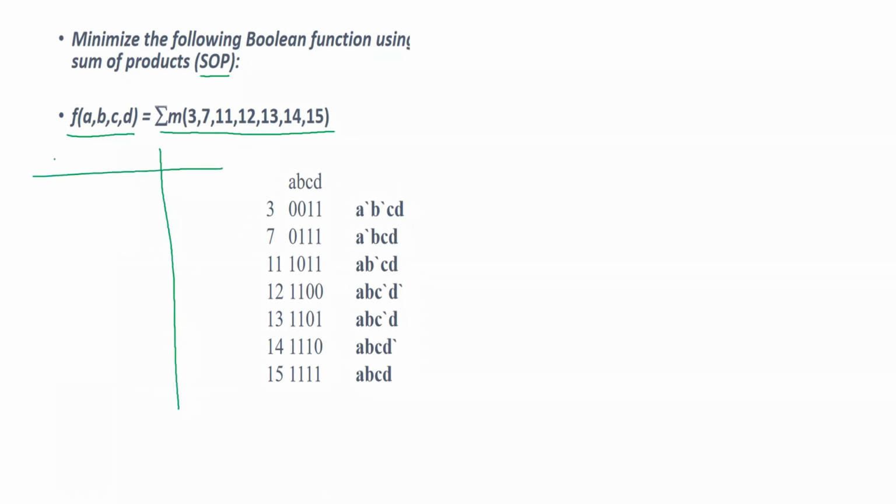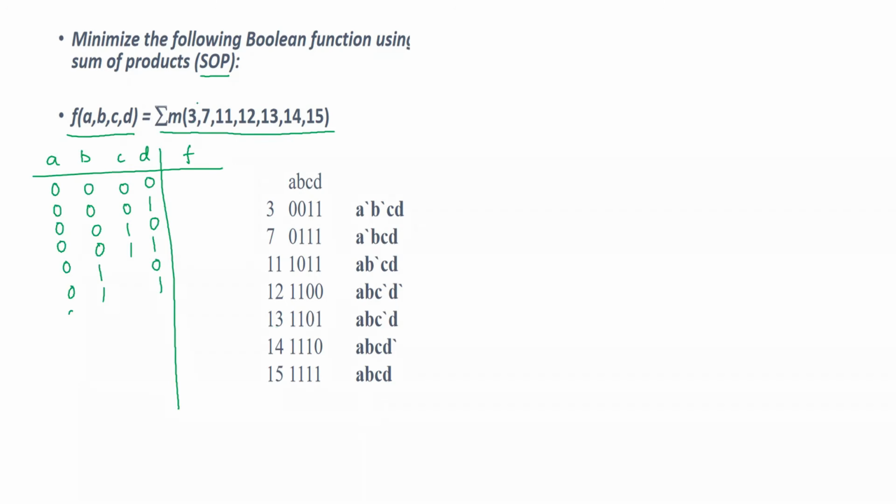This is the truth table, and you are having the terms A, B, C, and D. This is your output F, and you list them all. So the technique is simple: 0 1 0 1 0 1, then 00 11, then 4 times 0, 4 times 1, then 8 times 0, and 8 times 1.